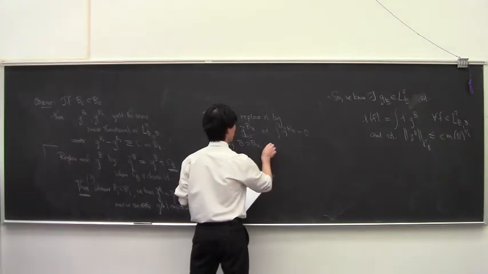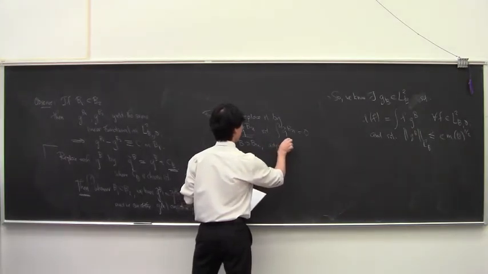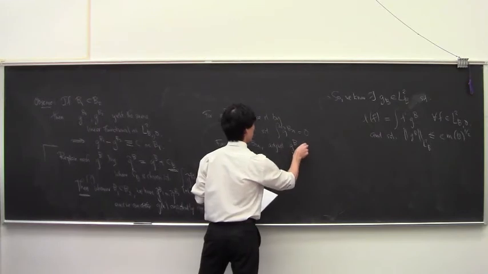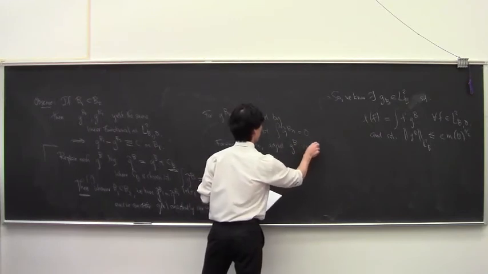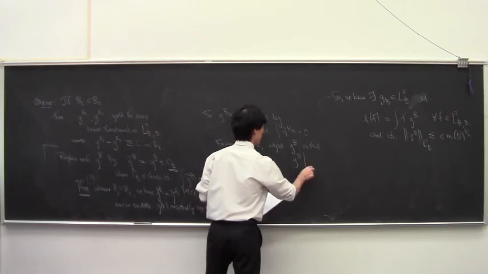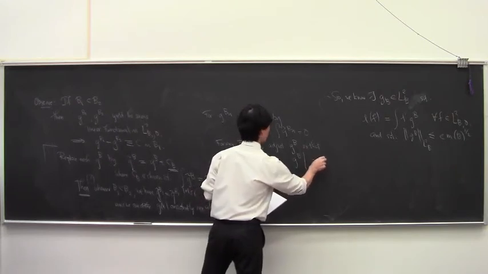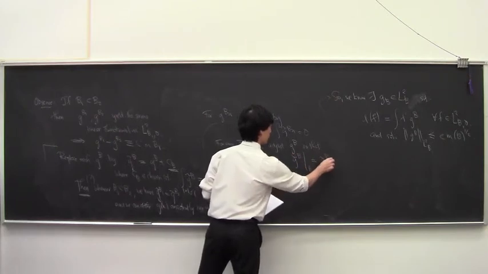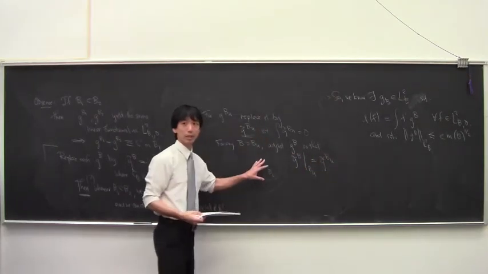You subtract off, adjust G sub B so that G sub B restricted to B sub U agrees with G, so that the new guy agrees with the guy that we fixed.